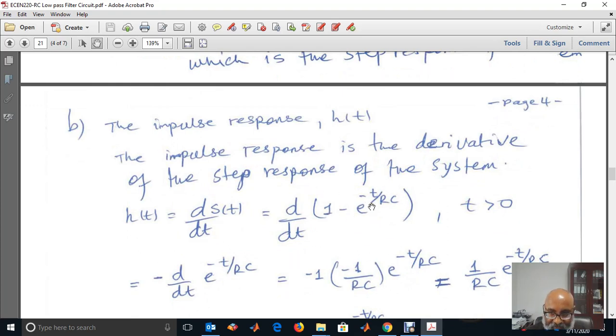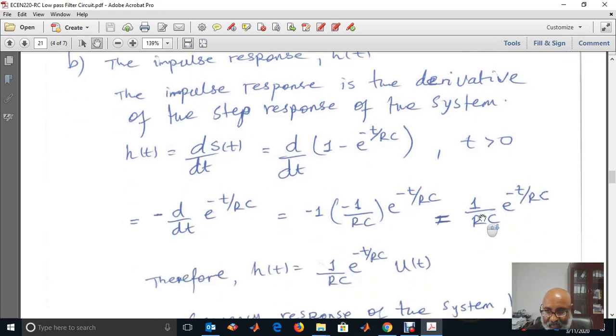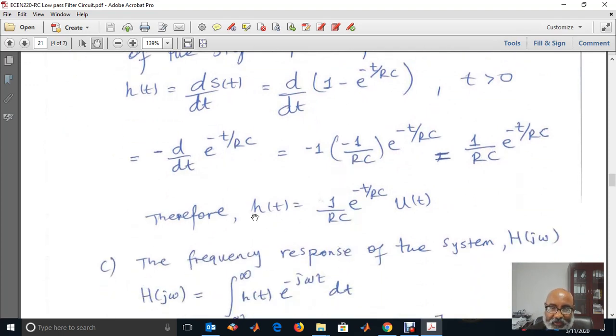The derivative of the exponential part is negative 1 over RC e to the power of minus t over RC, with the negative sign giving us positive. Then we find 1 over RC e raised to minus t over RC, which is the impulse response of the system. So h(t) is 1 over RC e to the power of minus t over RC u(t), which we saw in the previous lecture.